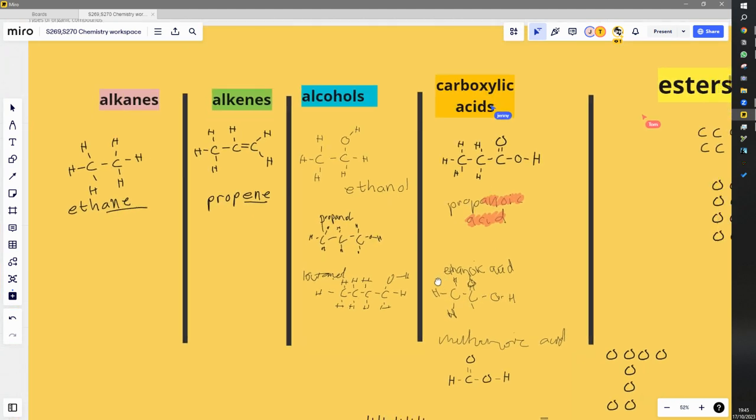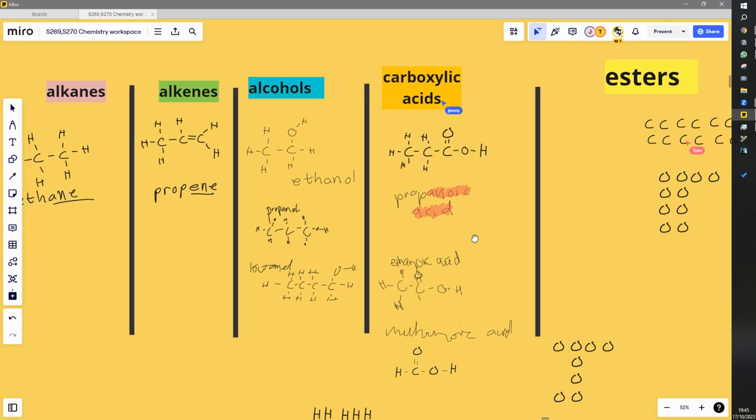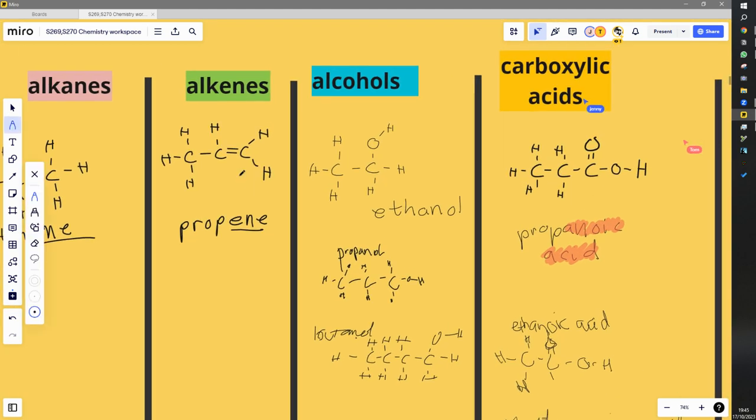So yeah, now what we want to do next is, before I look at esters in a moment, to talk briefly about what a functional group is. Remember, the functional group is the thing that defines what kind of homologous series it is, okay?